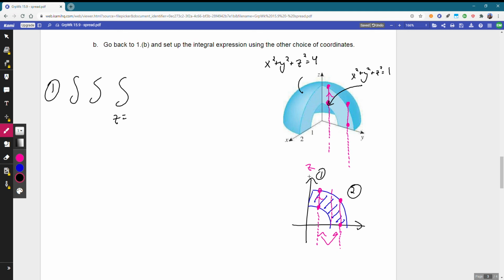And so to start at our inside sphere, we just need to solve our equation for z. And we are in the positive z direction, so right, we'll get the positive square root of 1 minus x squared minus y squared. And we'll be stopping at the square root of 4 minus x squared minus y squared.